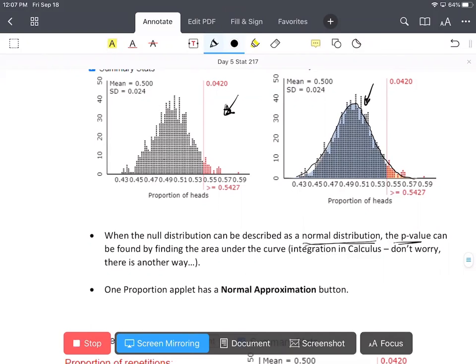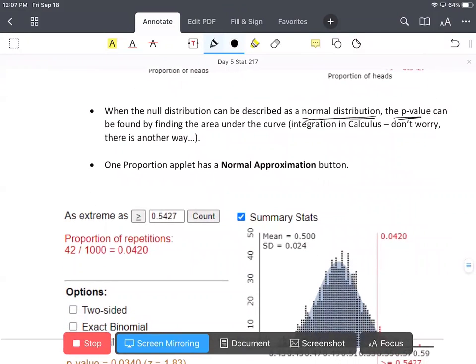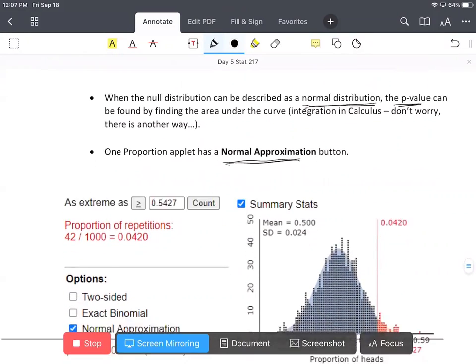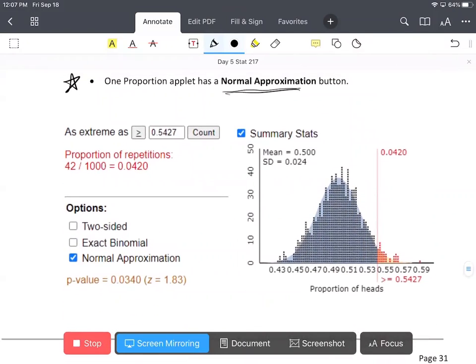So you're like, well, how am I going to do it though? I'm not doing integration. Well, the one nice thing is the one proportion applet has a normal approximation button. So that's important. Make sure when you're on there, you're going to notice it a lot of times. It showed up over here.